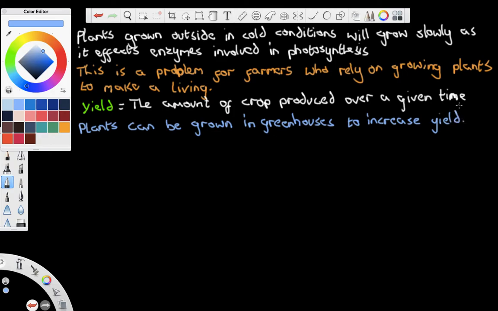Okay, and we can say that greenhouses give the following advantages.